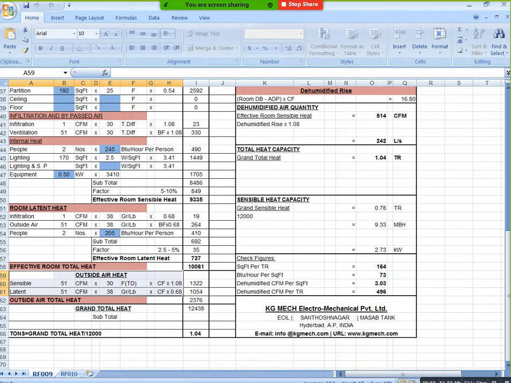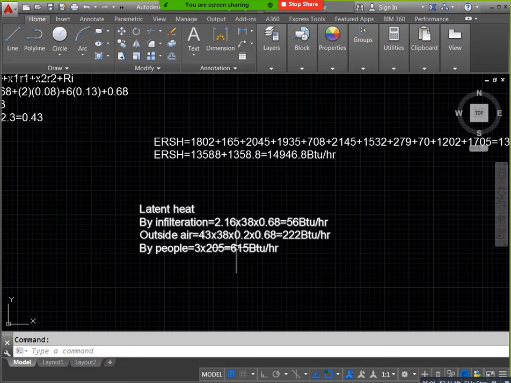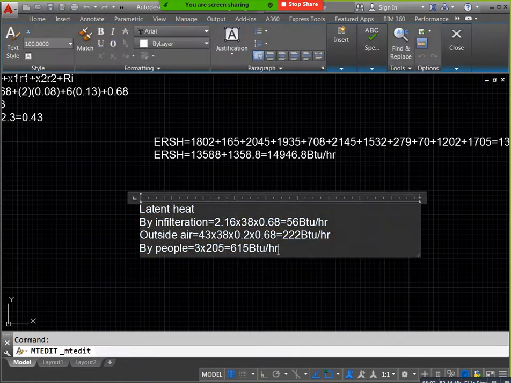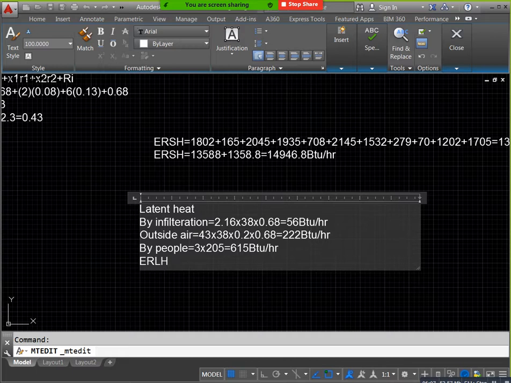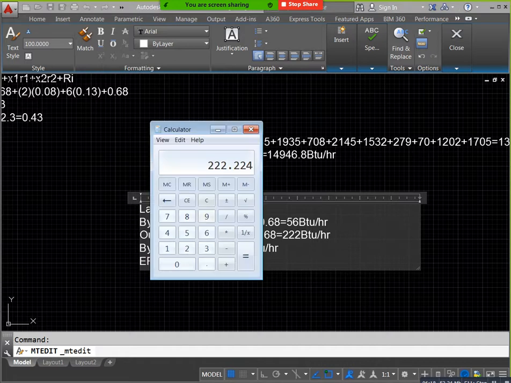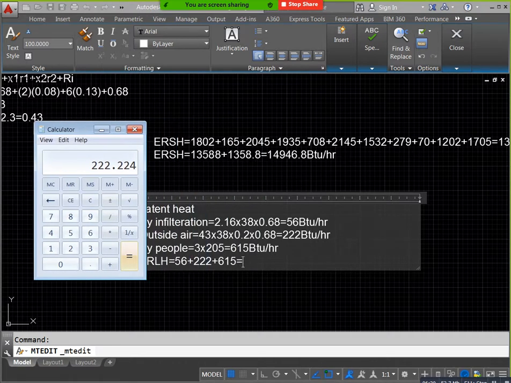First of all, we can go for room latent heat, ERLH, effective room latent heat is equal to: you can add 56 plus 222 plus 615. Now you can mention 222 plus 615 plus 56, totally 893 BTU per hour.